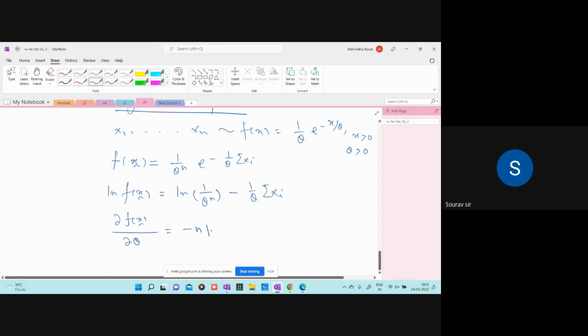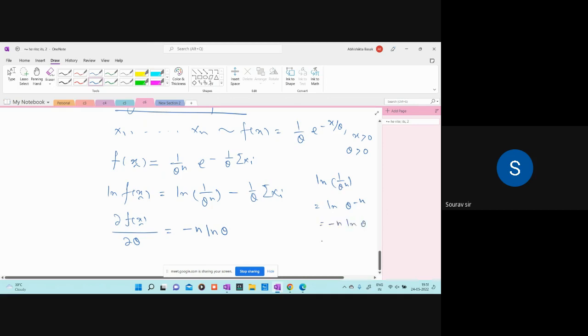Minus n log of theta. No, wait. Log of 1 by theta to the power n, I can write as log of theta to the power minus n. Then it will be minus n log of theta.